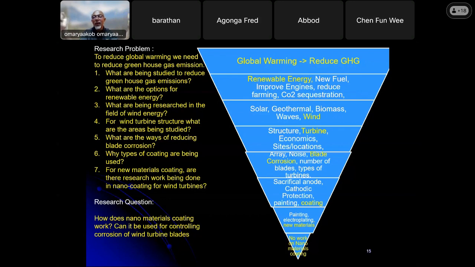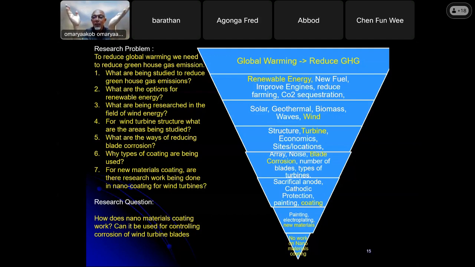That's why we cannot say that your research problem is to solve global warming, because many people are already working on it. Some work on renewable energy, some on CO2 sequestration, some on reduction of farming, because farming means animals, like cows, that produce a lot of methane, which increases GHG.